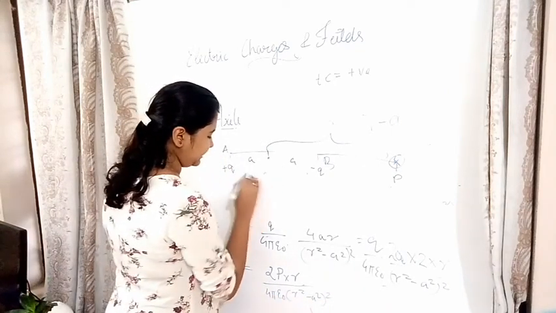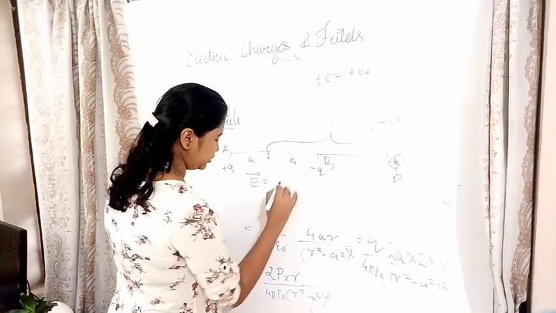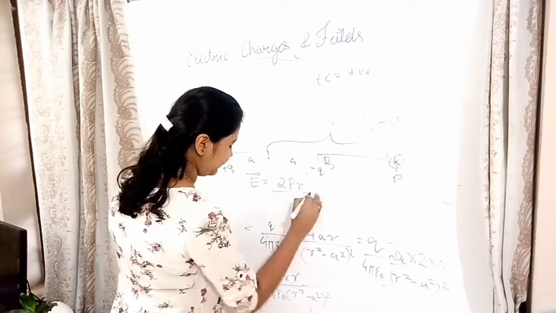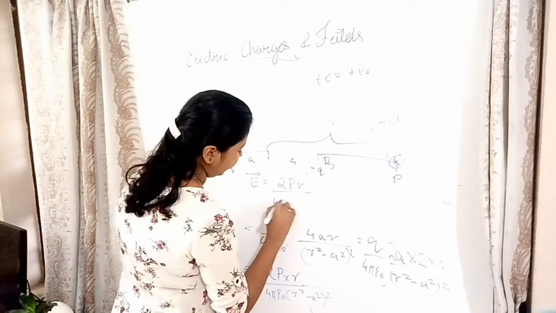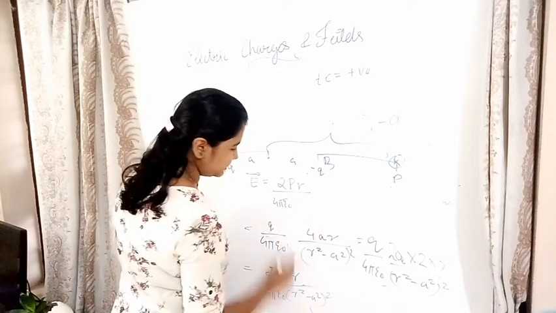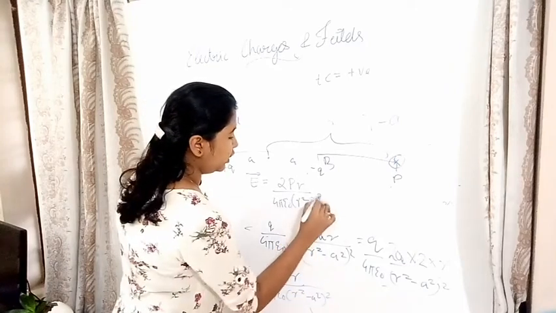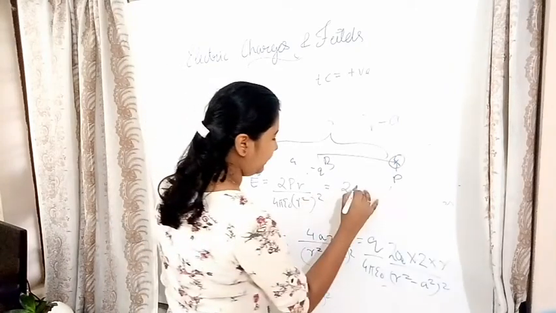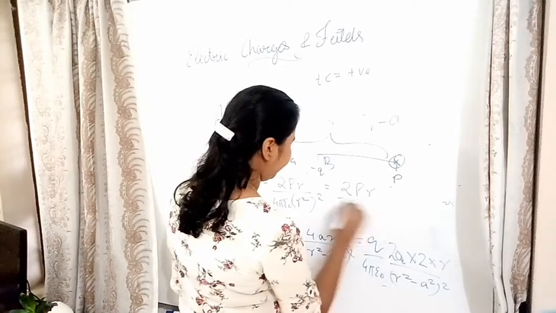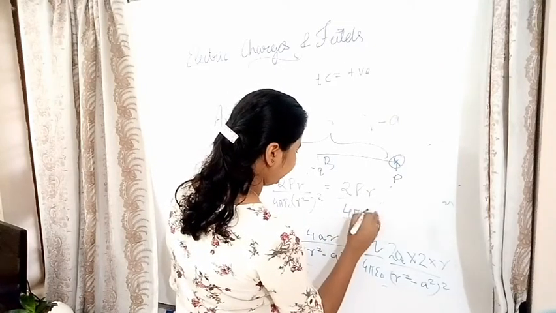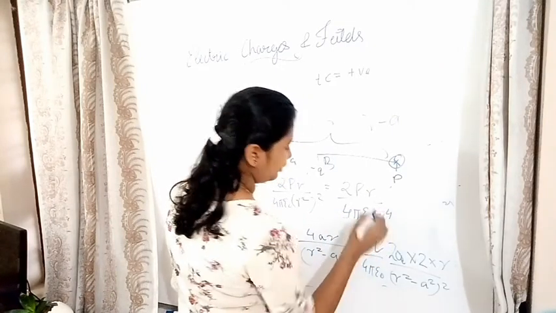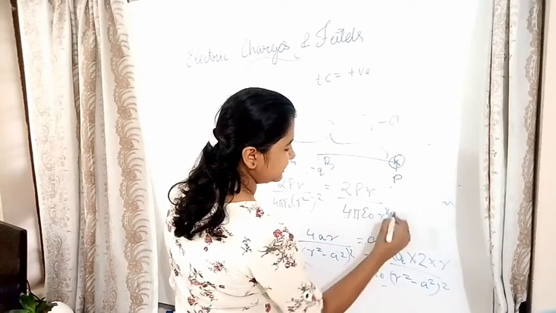So electric field intensity is equal to 2Pr divided by 4 pi epsilon 0, what is this? r square, there is no a square, so it is the whole square. So this is equal to 2Pr divided by 4 pi epsilon 0 r raised to 4. This will get cancelled and this will become 3.